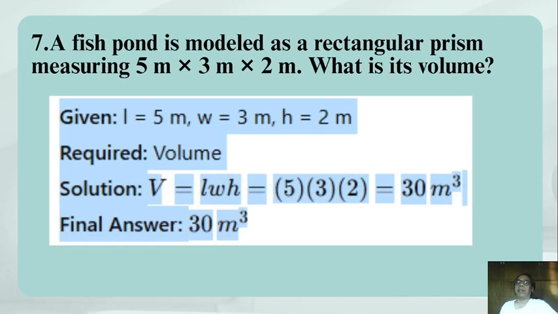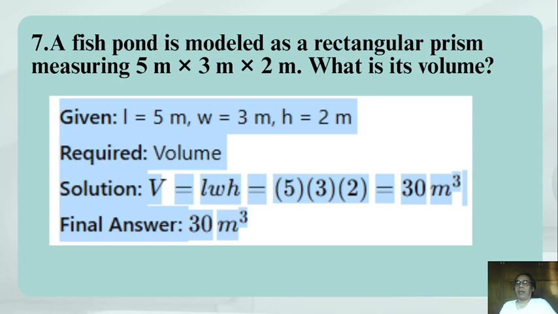Number 7. A fish pond is modeled as a rectangular prism measuring 5 meters by 3 meters by 2 meters. What is its volume? So we are given L 5 meters, W 3 meters, H 2 meters.